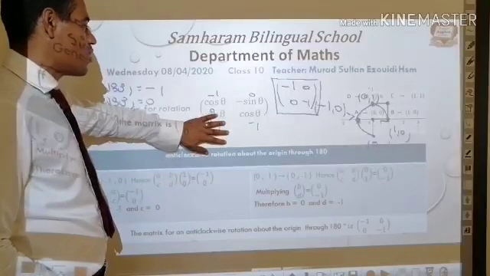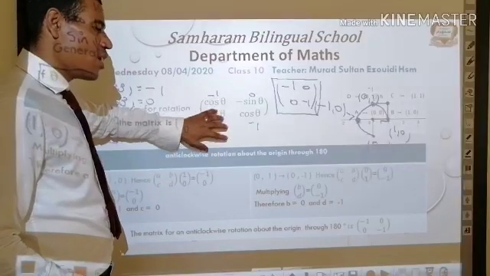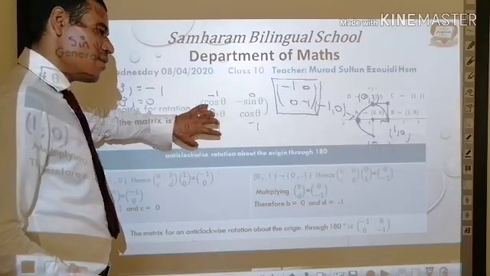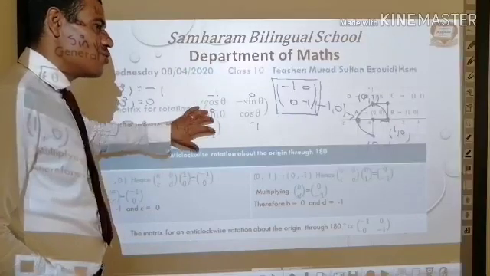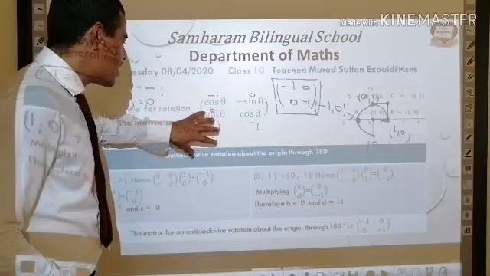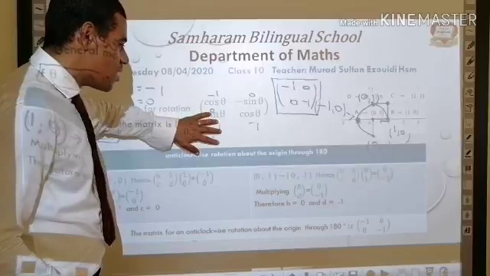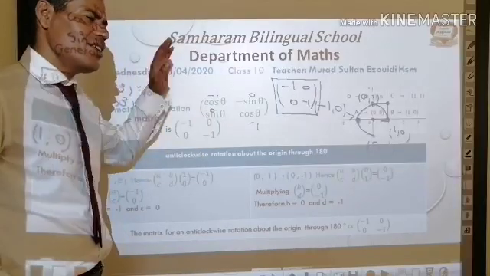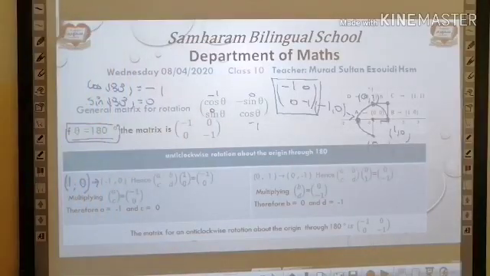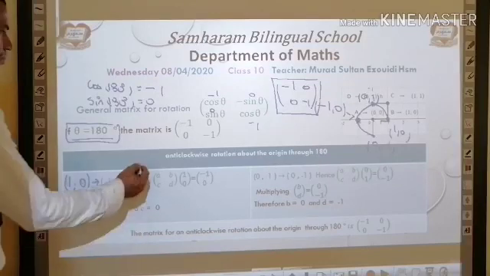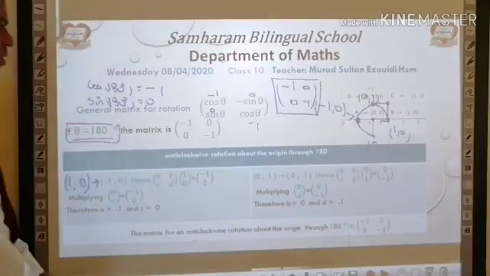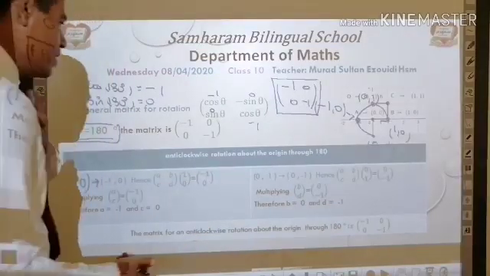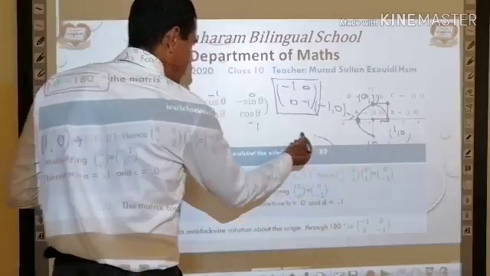Don't forget this matrix for rotation of 180 degrees about the origin. With this matrix, you can work out the image of any point.